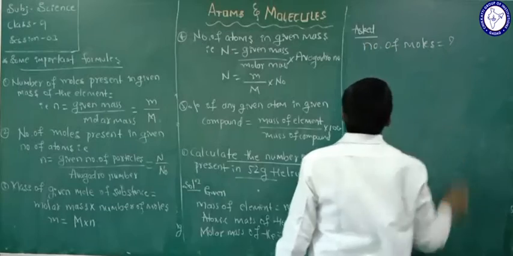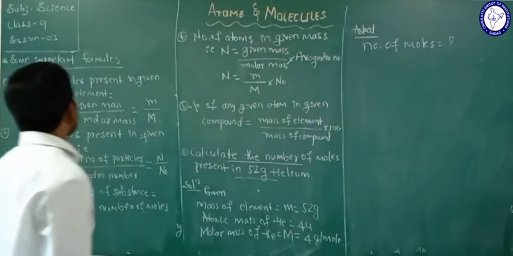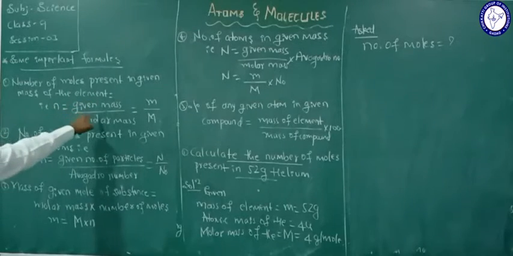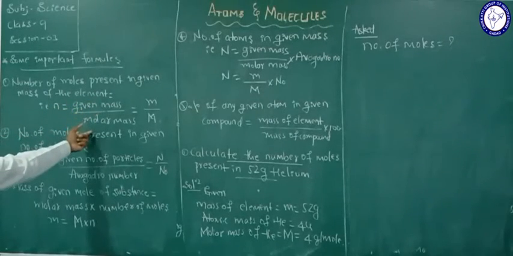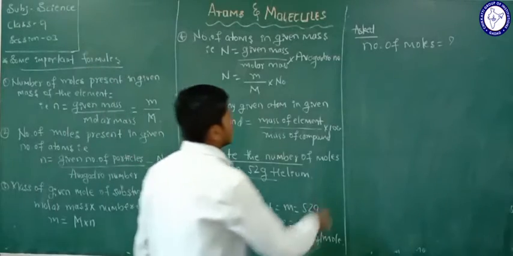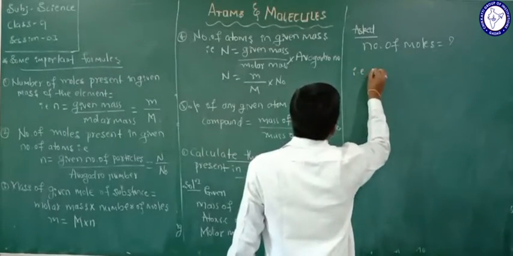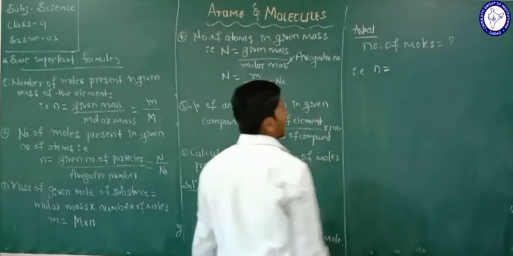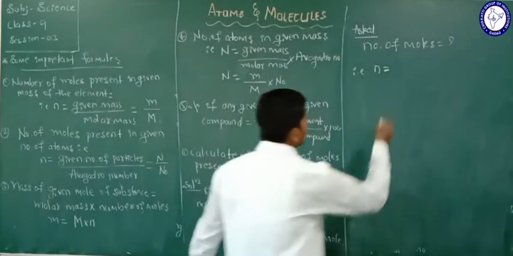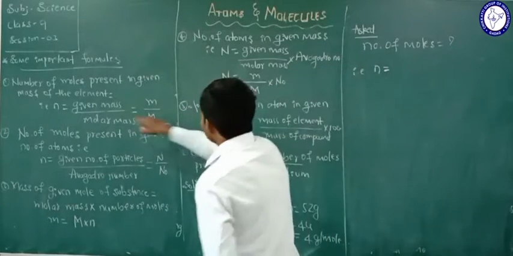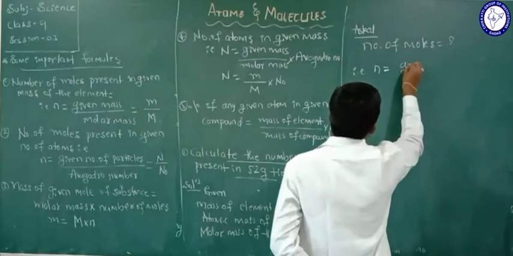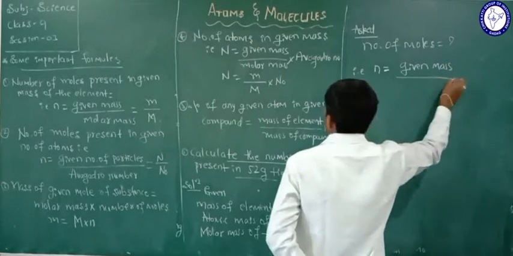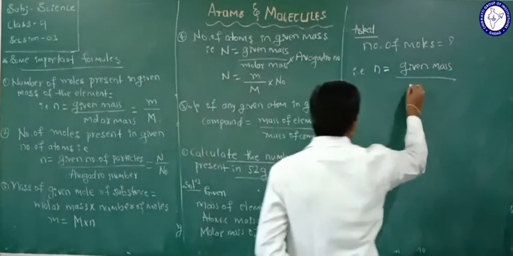Number of moles is equal to what? What is the formula here to find the number of moles? The number of moles present in a given mass of the element is the given mass divided by molar mass. So N is equal to given mass divided by molar mass.